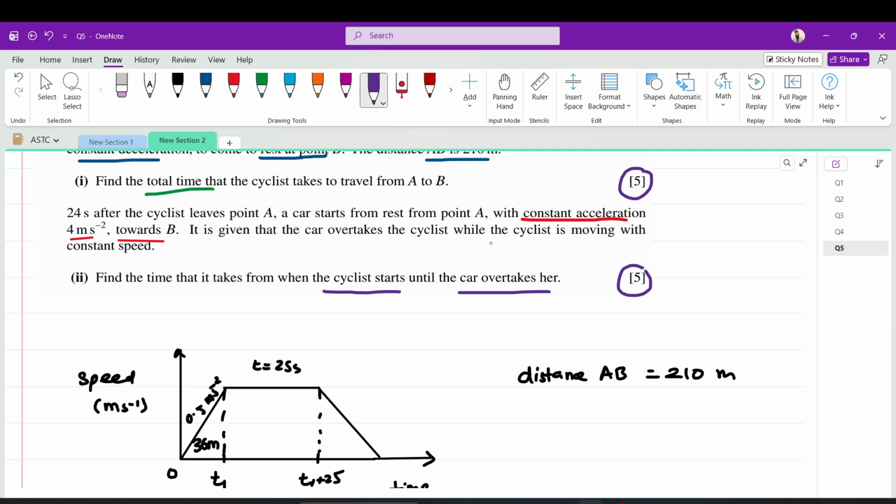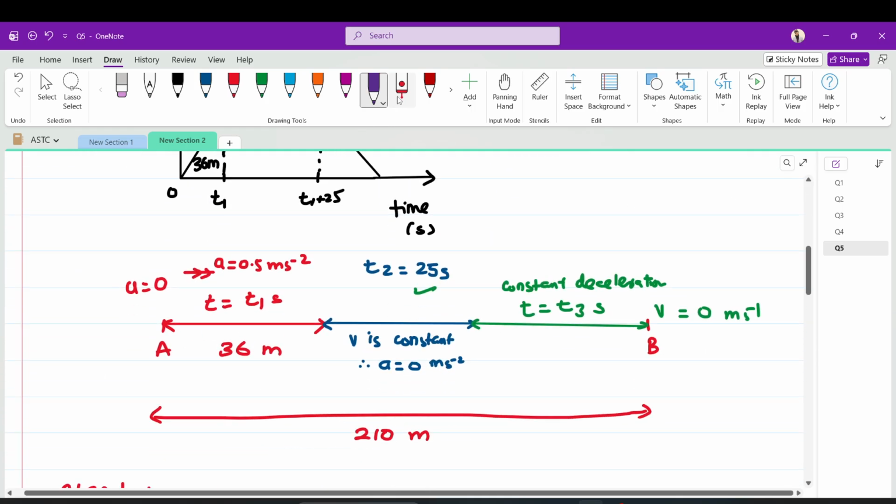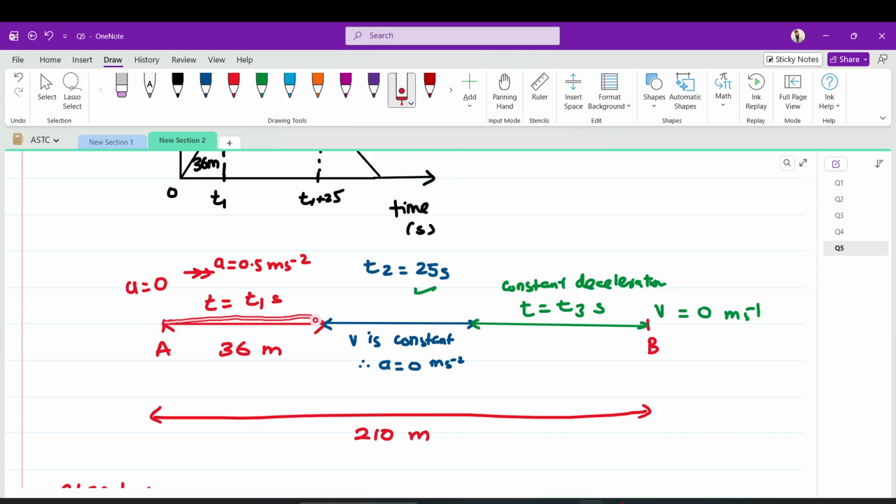At time t equals 0, the cyclist leaves point A. The cyclist covers a distance of 36 meters, and it took the cyclist 12 seconds. After that, now it is in this region, and while it is in this region and a total of 24 seconds have passed, that is when the car starts moving.